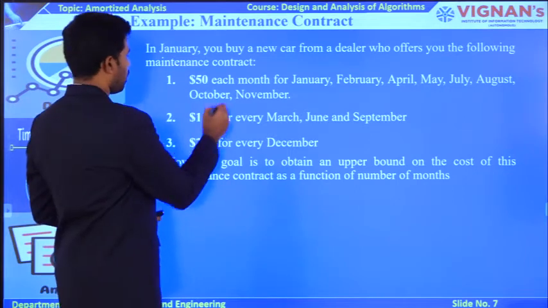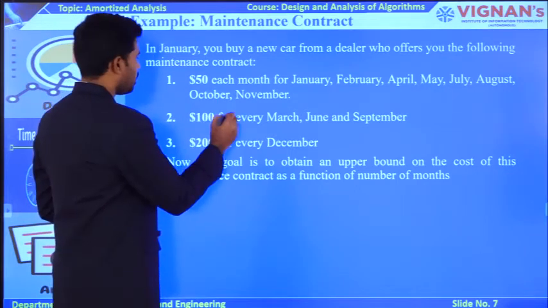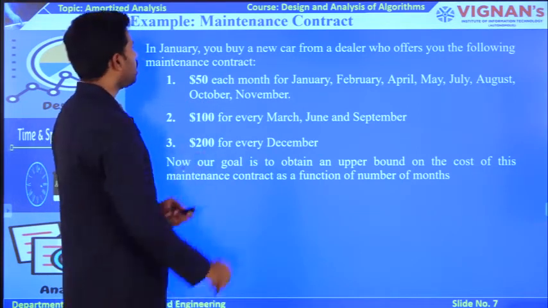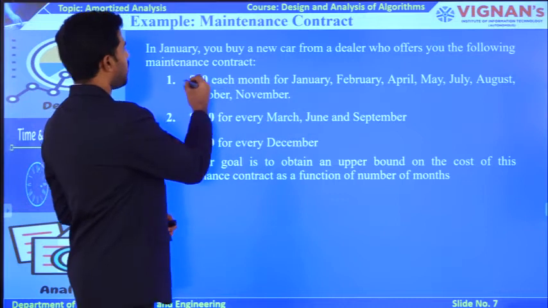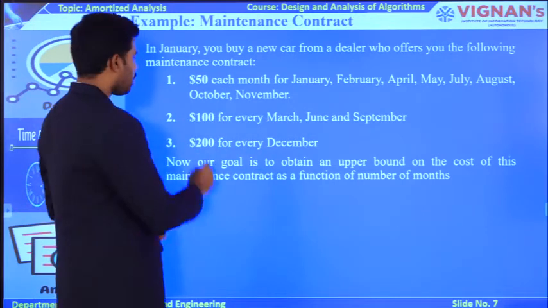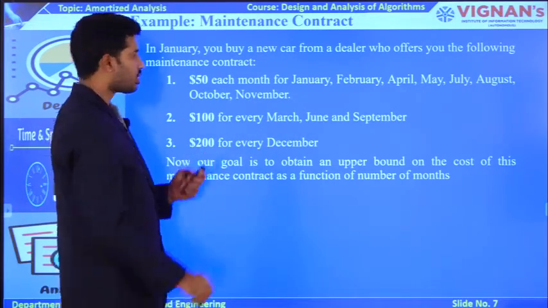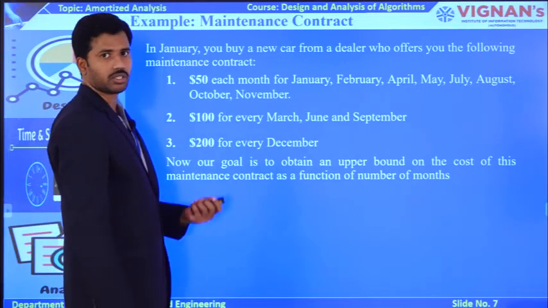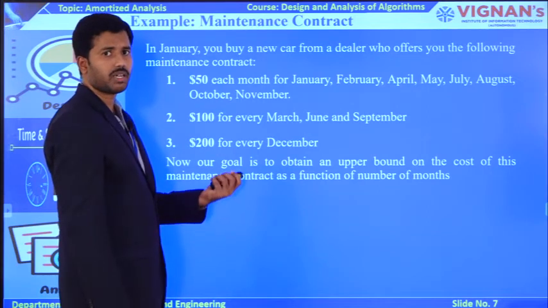They charge $50, in some months $100, and in some months $200. So in particular 8 months they charge the best cost, but in December they charge the worst cost, and $100 is also a big cost, nothing but a worst cost.